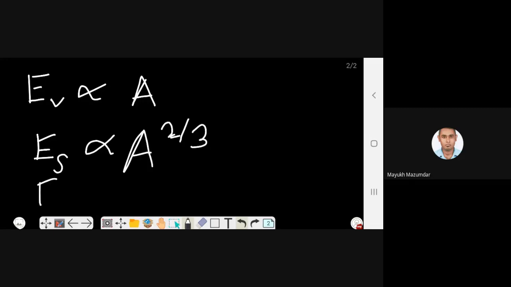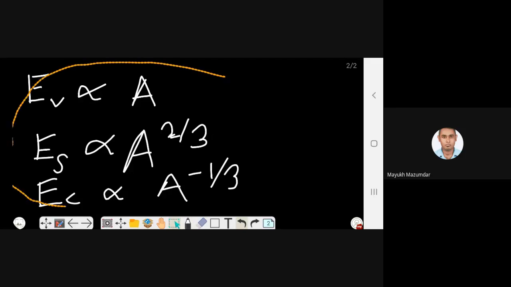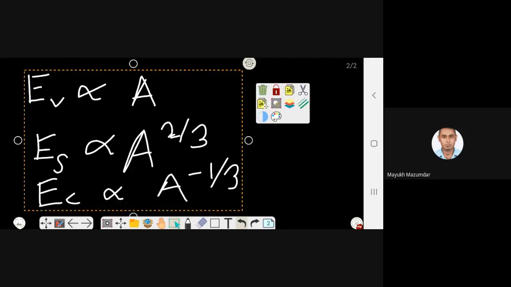And the Coulomb term is proportional to 1 by R, which is A to the power minus one third. You can keep these handy formulas with you.